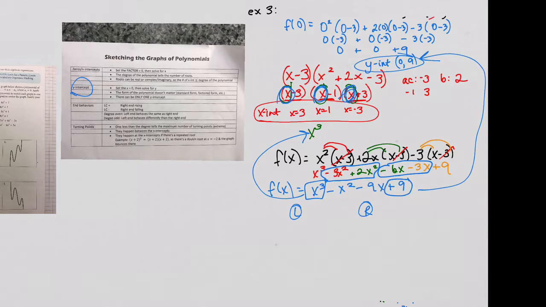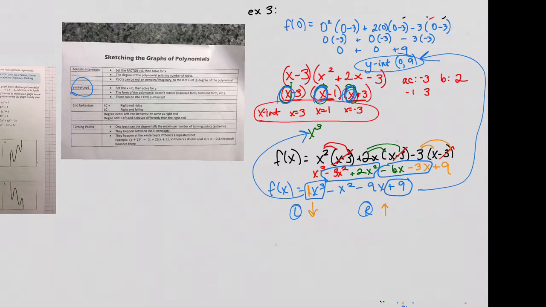Our leading coefficient is 1, which means it's positive. That means the right end is rising. The degree is odd. That tells me the left end is doing the opposite, so the left end should be falling. So I am now ready to make my sketch.